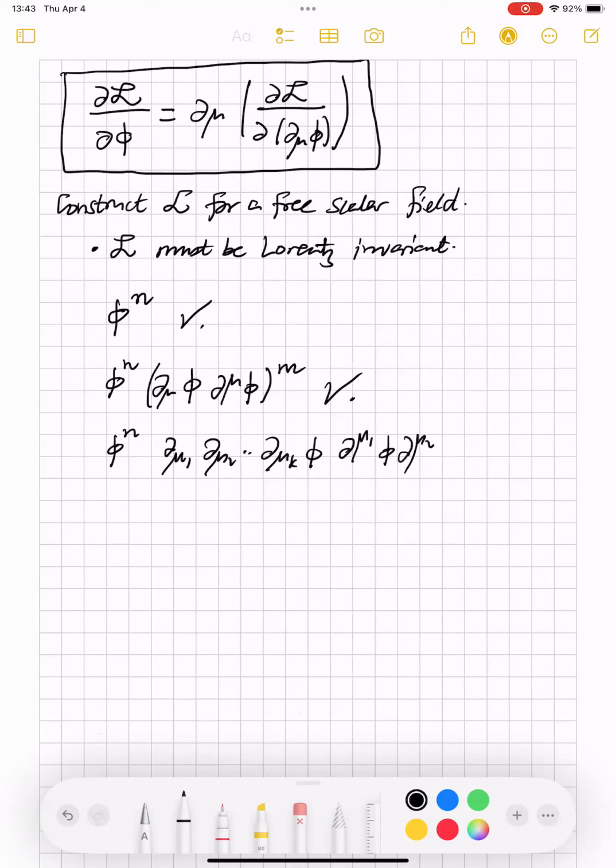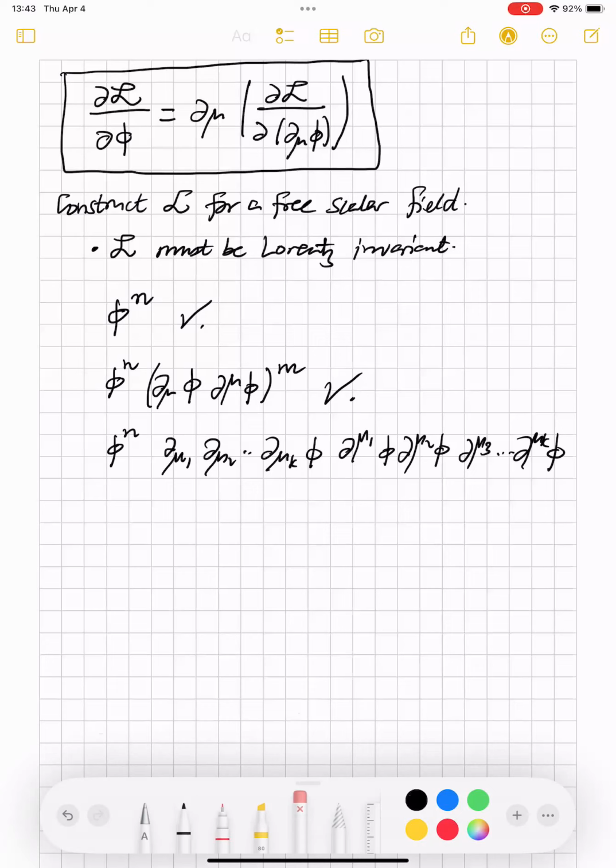I could have a d mu 2 phi, and then d mu 3 all the way up to d mu k acting on phi. The only rule is all of the Lorentz indices must be contracted, and the Lorentz indices are introduced by taking derivatives. Okay, so this already constrains what the Lagrangian density can be in a very, very big way.